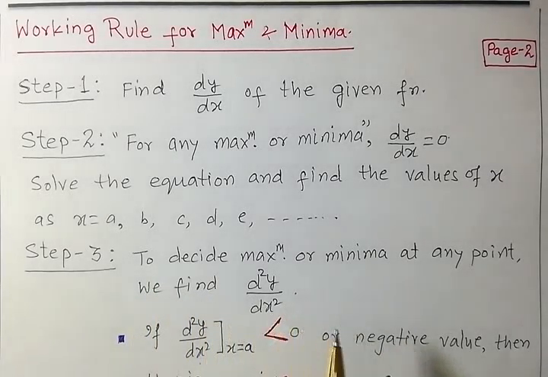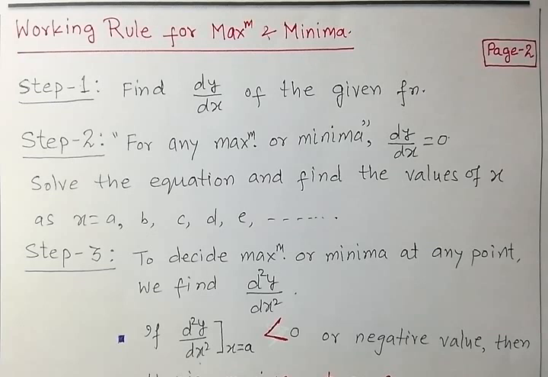To decide maxima or minima at a point, we find d2y by dx square, that is the second derivative. After finding the second derivative, substitute x is equal to a, and if the value comes negative, less than 0, then there is maxima at a.